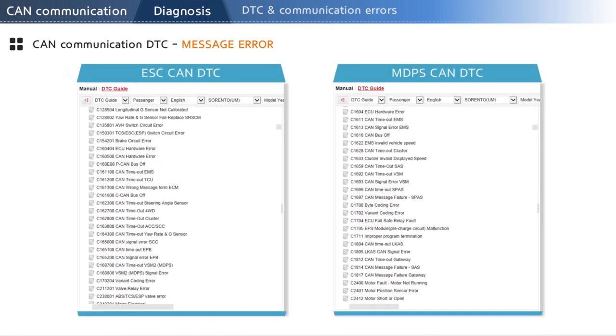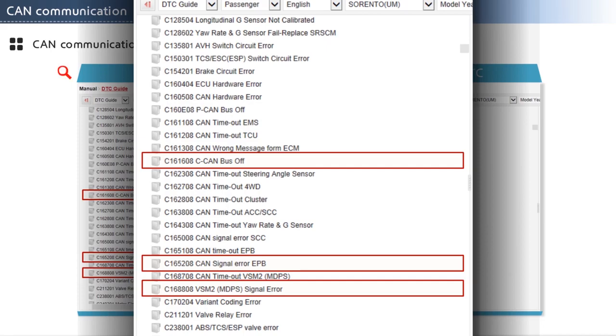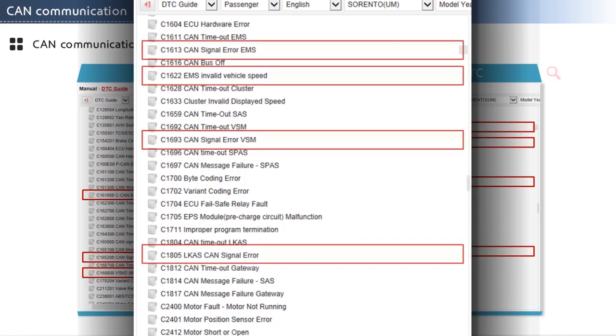In the list of DTC guide, ESC generates message error that signals from the EMS, EPB, or MDPS are invalid. MDPS also have DTCs to indicate invalid CAN messages from other controllers such as EMS and ESC.